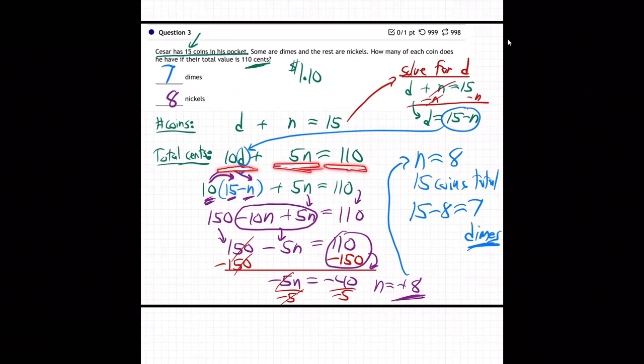We add that up to be 110 cents. And then when you have two equations with two letters, grab the first equation, get one of the letters alone, get D alone, plug that in for D in the second equation. Distribute, and combine these two N terms. 5N minus 10N is minus 5N. Subtract, solve for N. Once you get one answer, just subtract from the total coins to get the other answer. And so there we go.